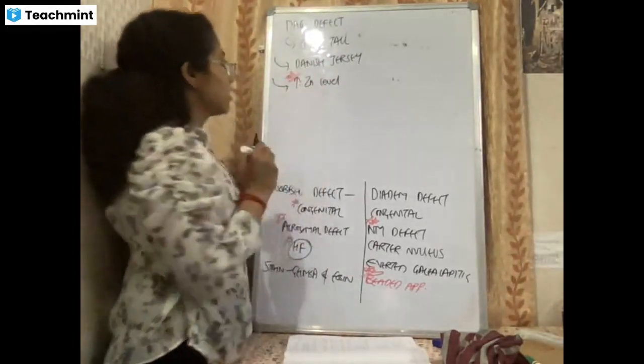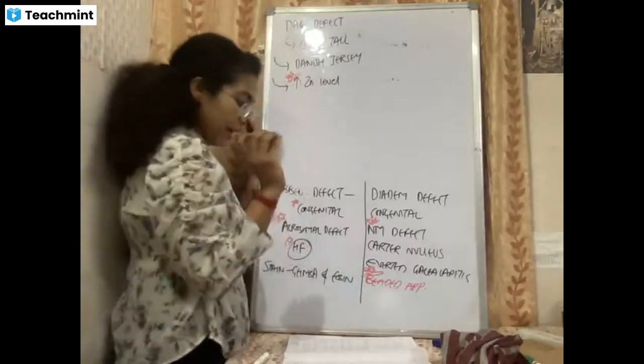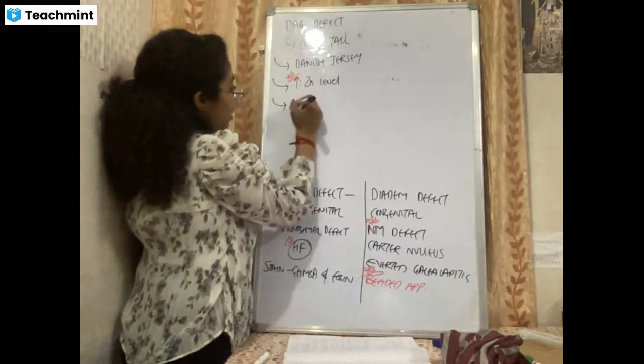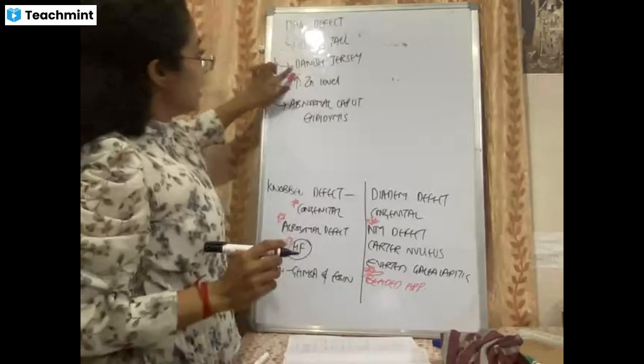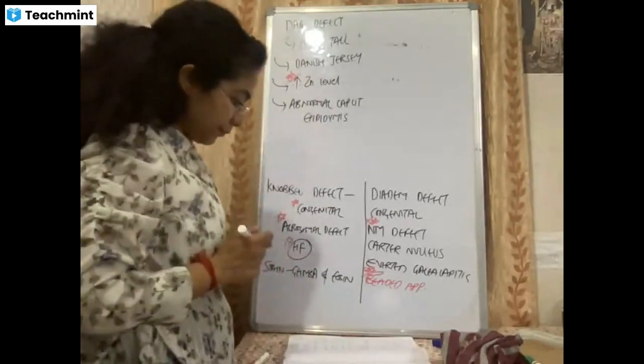Zinc level increases, and abnormal caput epididymis is seen in the DAG defect.